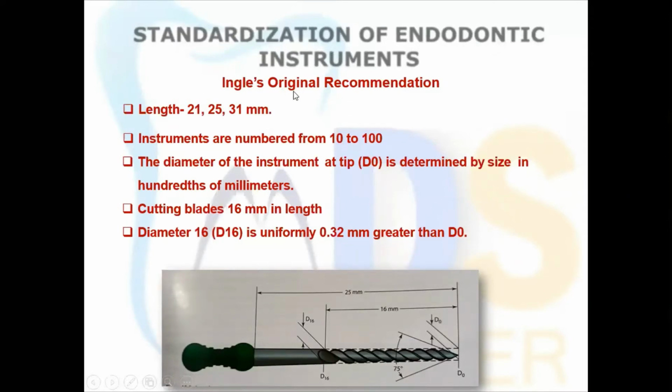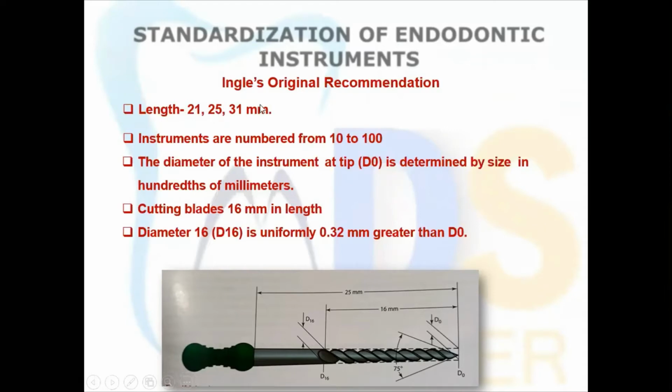So let's go into the details of the recommendations from the standardization of endodontic instruments. The first one is instruments are available in the lengths of short 21 mm, standard 25 mm, and long 31 mm. 21 and 25 are normally used for the regular purposes. 21 is mostly used for the molars and also in patients who have limited mouth opening.